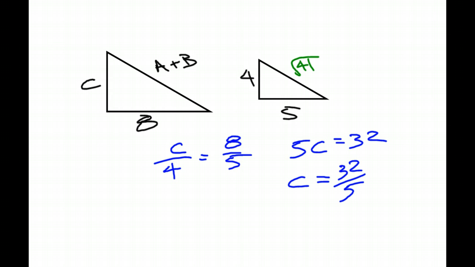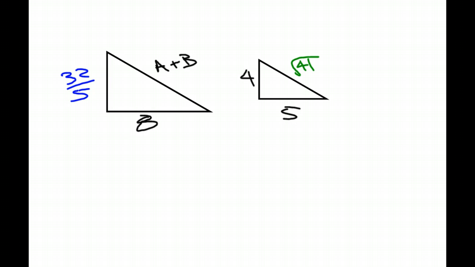Can that reduce? No. So we're going to put a 32 over 5 here. We're also going to replace this A over here on this big one with the square root of 41.